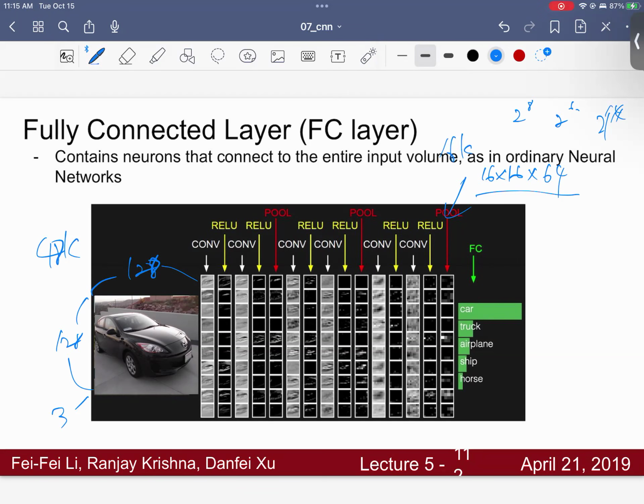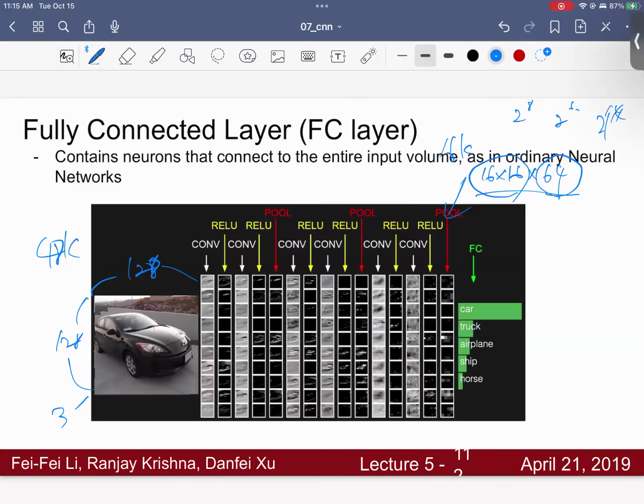Basically, while increasing your channel depth, or the semantic layer, you're compressing your spatial layer, and in the end you would like to make an informed decision, and that's usually how CNN works. So you compress your spatial dimension and you increase your channel depth.